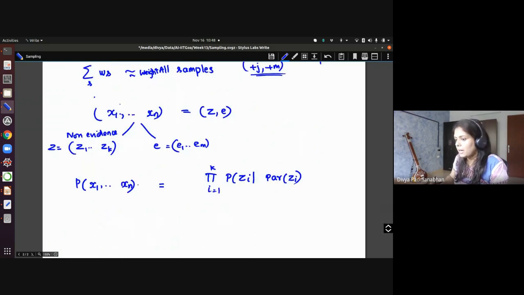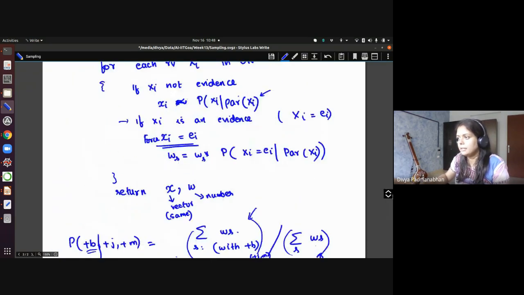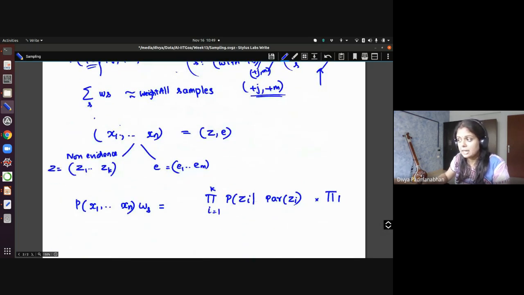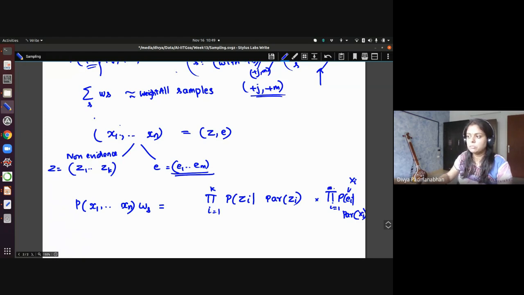Now if you multiply this with the weights, you're going to multiply with these probabilities, P of ei given the parents of this random variable, taken over all these e's, e1 to em.